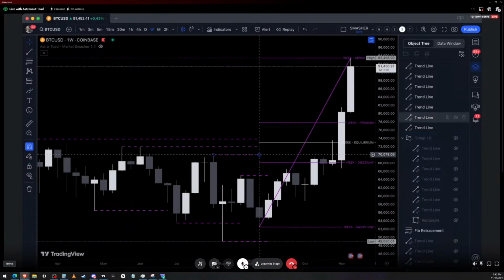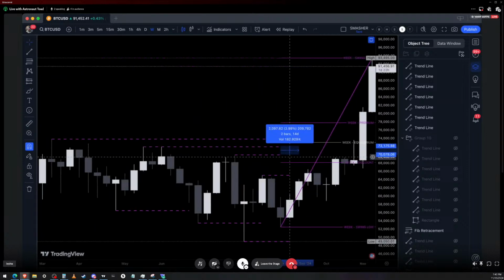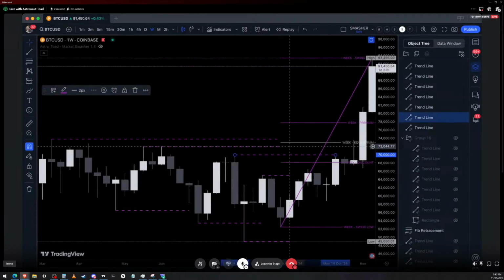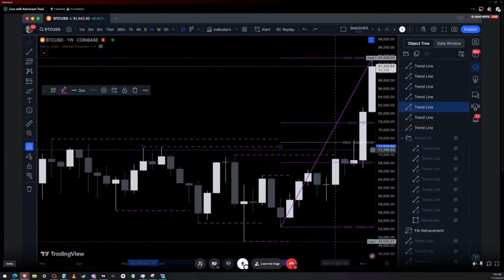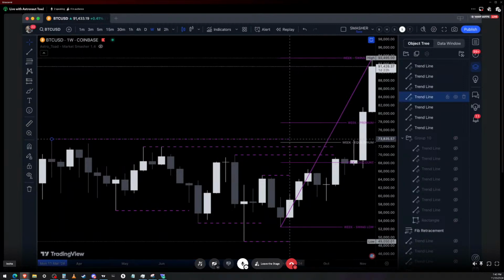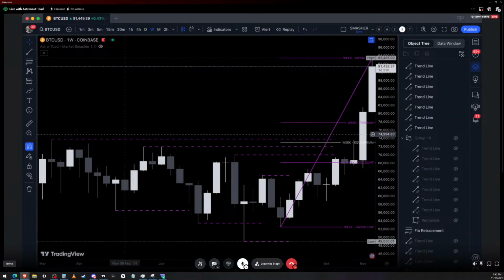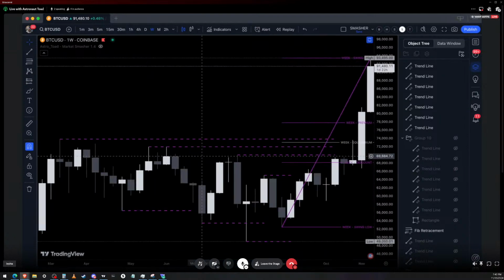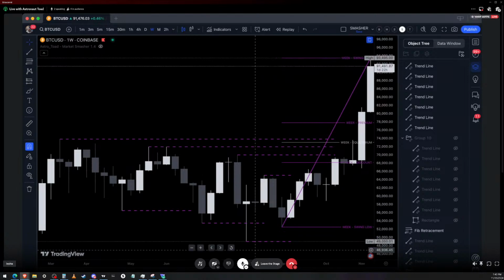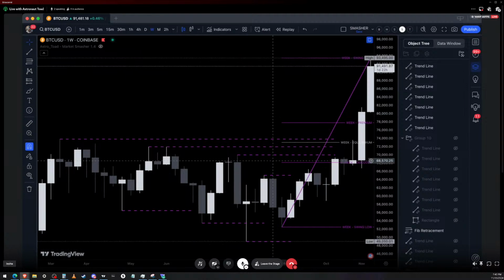You have to expect that price is going to absolutely rip through these levels, because that is where people's stop losses are for their shorts and where they are looking to take profits if they bought down here. So the smart people bought down here and they want to sell anywhere up here.